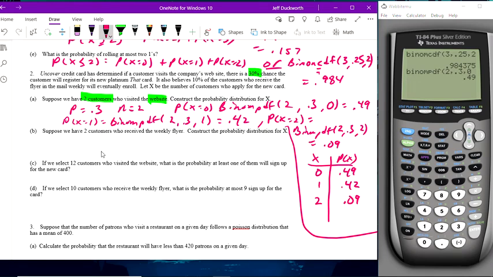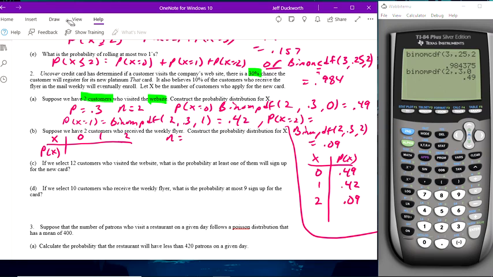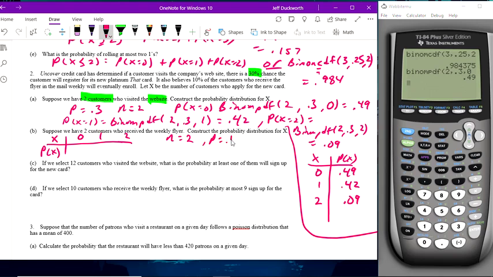Part B, we do the same thing. Here, n is 2, p is 0.1. We're going to use the binompdf in the same manner, only we're going to change the p.